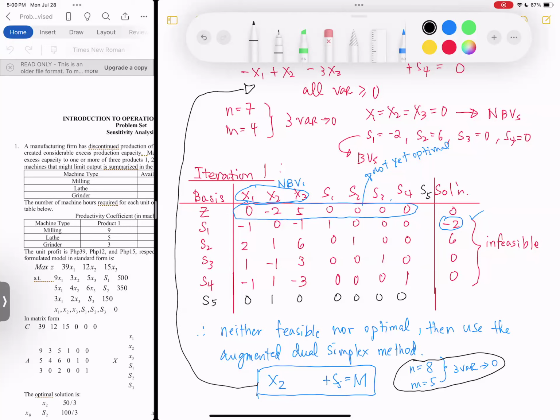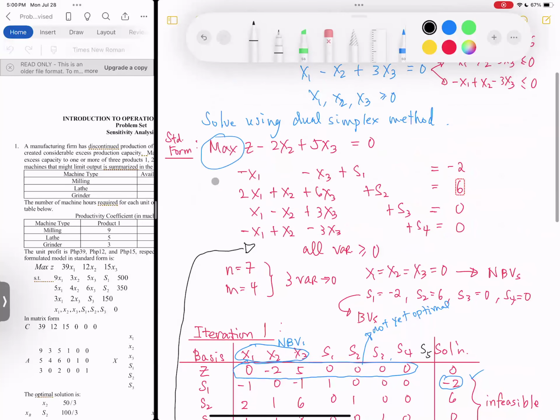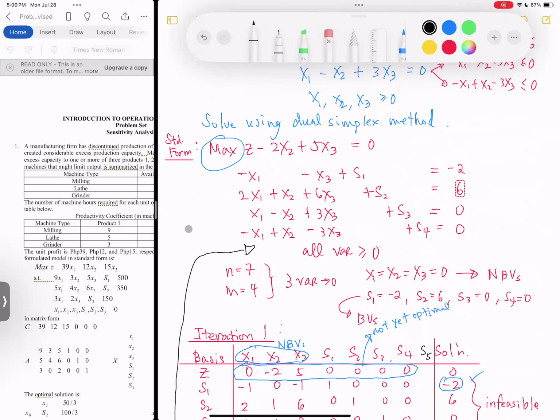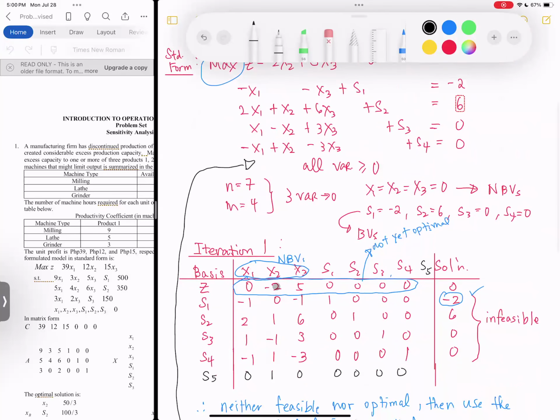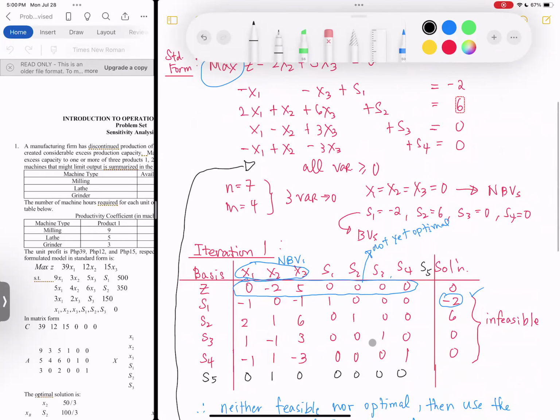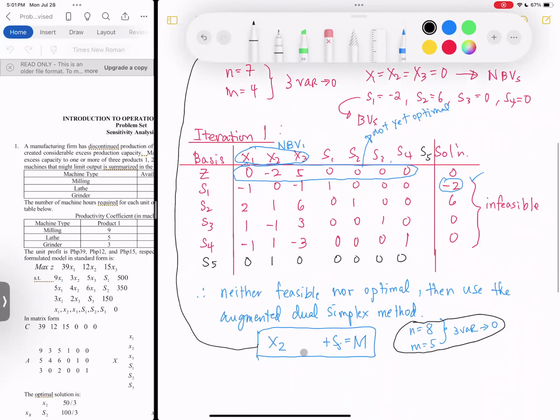So you will begin with the original standard form, like in this case, in red. So you will have this. But once you recognize that it is not super optimal, you would have to augment a constraint, which is this. And when you augment the constraint, your first iteration will be altered because you will have to add this augmented constraint into the tableau in terms of a new basic variable S5 and this one, no?